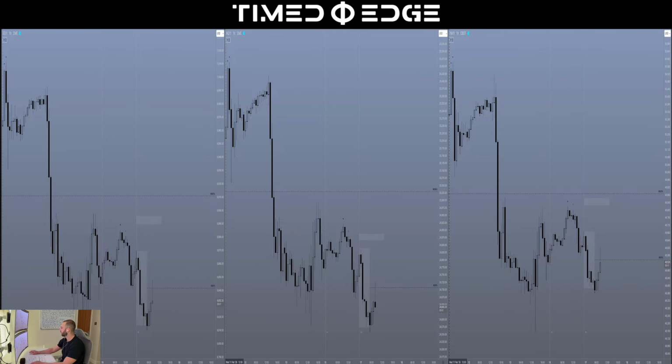Back onto 6E, see what we're doing. We've got 7 minutes left. So double gap, 15-minute entry on 6E.